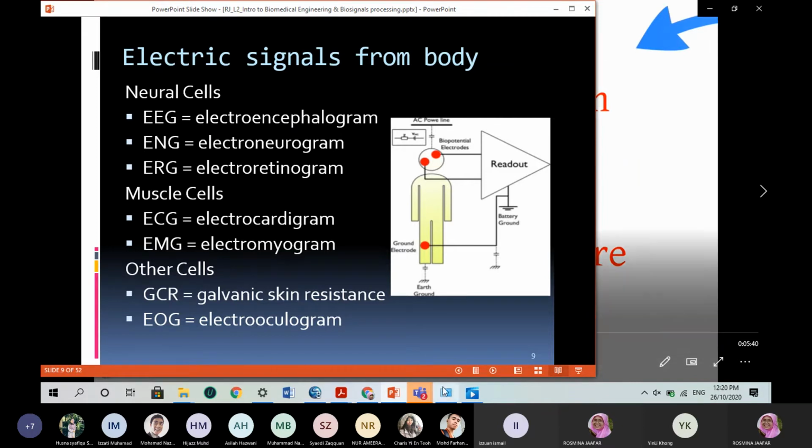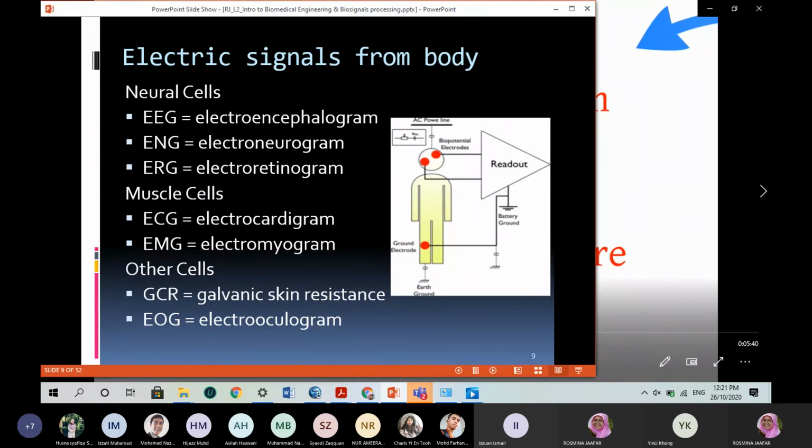Okay, and to record an electric signal from the body, you need electrodes. So this diagram shows a basic biopotential measurement. Electric signals from the body are always referred to as biopotential signals.